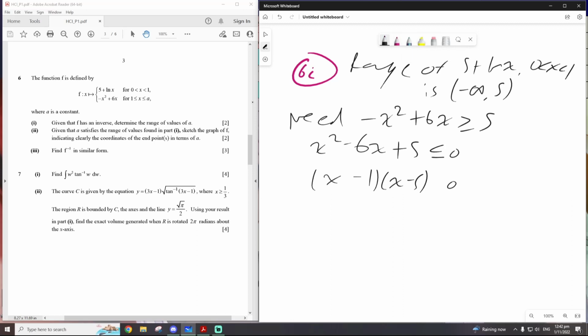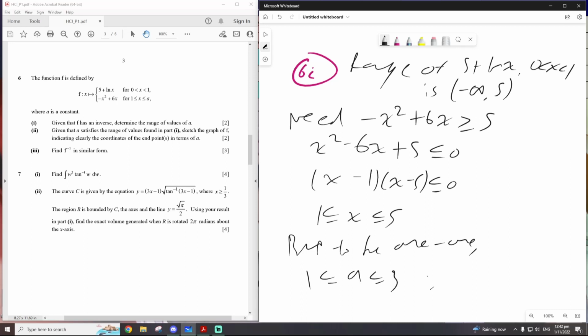So (x minus 1)(x minus 5) is less than or equal to 0, so 1 less than or equal to x less than or equal to 5. But to be 1-1, 1 less than or equal to x less than or equal to 3. I'll explain why. Because x squared minus 6x plus 5 is equal to (x minus 3) squared minus 4, there's a symmetry. So your a has to be between 1 and 3.